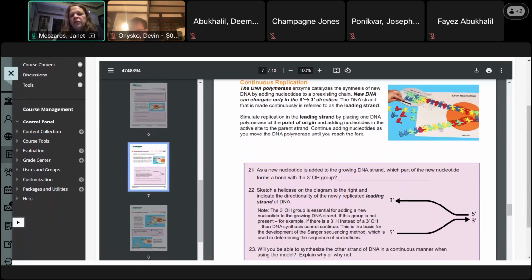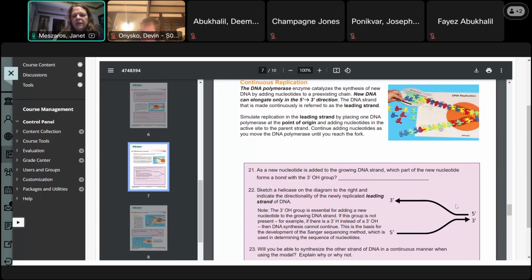As a new nucleotide is added to the growing DNA strand, which part of the new nucleotide forms a bond with the 3' hydroxyl? It's going to be the 5' phosphate. And sketch a helicase on the diagram to the right.